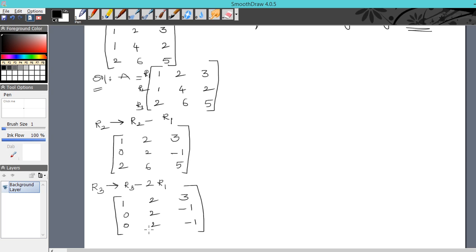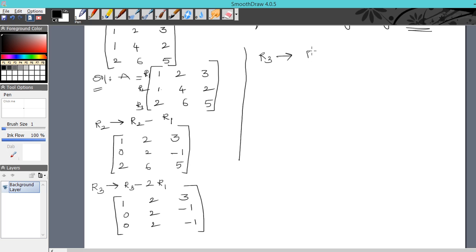Here also finished. Now we are going to make this 0, and to this we are using R2. I am doing the operation on R3, so R3 tends to R3 minus R2.